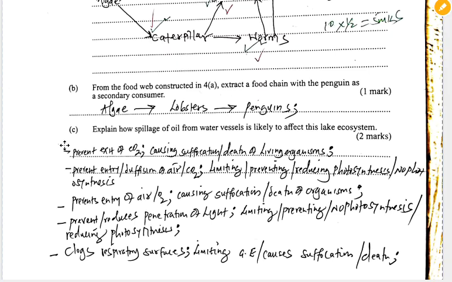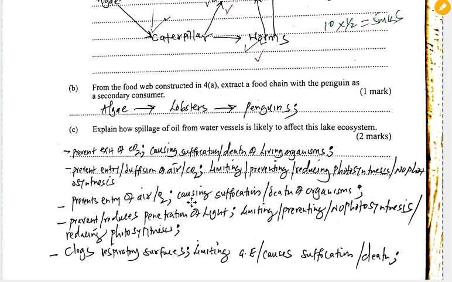This oil will prevent exit of carbon dioxide, causing suffocation or death of living organisms. Apart from that, it prevents diffusion of air or carbon dioxide, limiting or reducing photosynthesis, hence plant death.